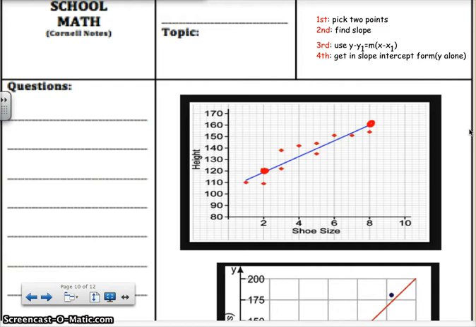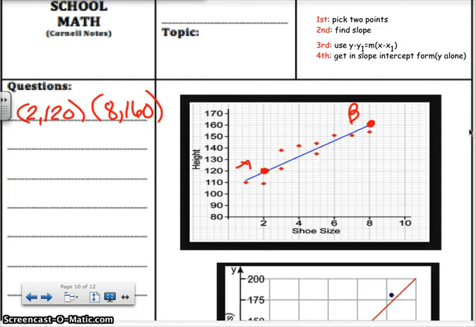Sometimes you might want to estimate it a little bit because you want 2 perfect points. Okay, so I found the 2 perfect points. They look like I have 2 and 120 is one of my points, point A, if you want to call it. Then my second perfect point looks like it's 8 and 160. That's my second perfect point.